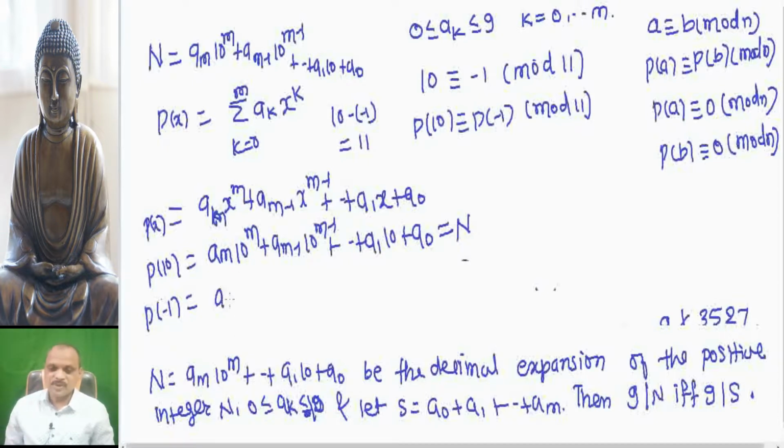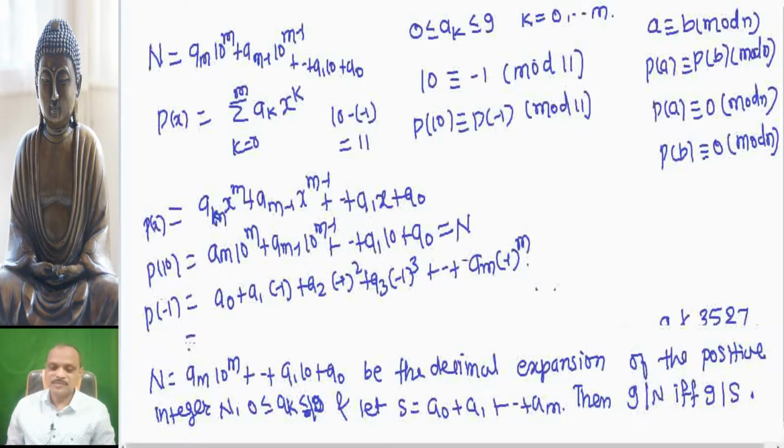Let us start from a0 plus a1 times minus 1 plus a2 times minus 1 squared plus a3 times minus 1 cubed plus a_m times minus 1 raised to m. This is equal to a0 minus a1 plus a2 minus a3 plus minus 1 raised to m times a_m. Let us call this t.